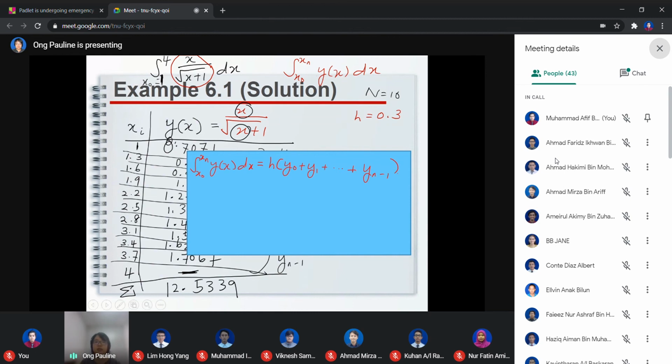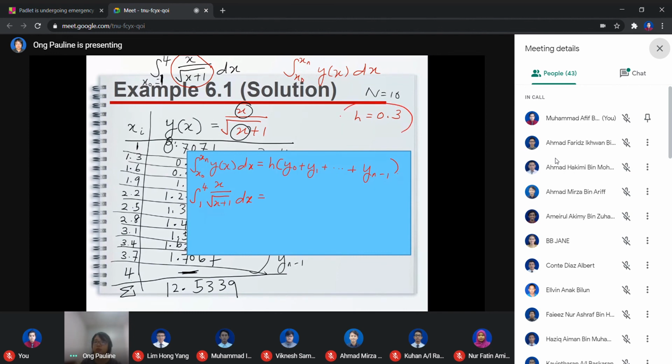In this way, the integration from 1 to 4 of x over square root of x plus 1 dx can be obtained by using h.